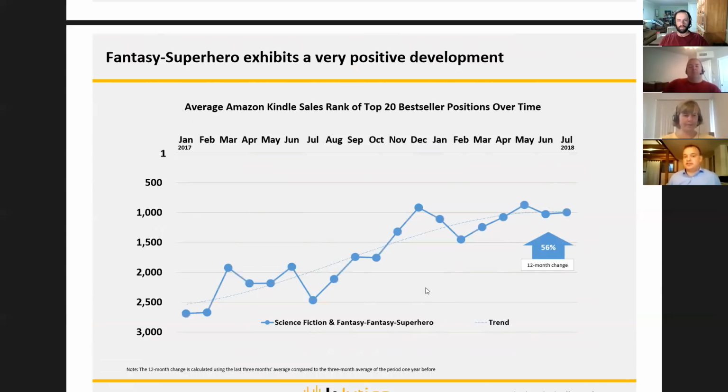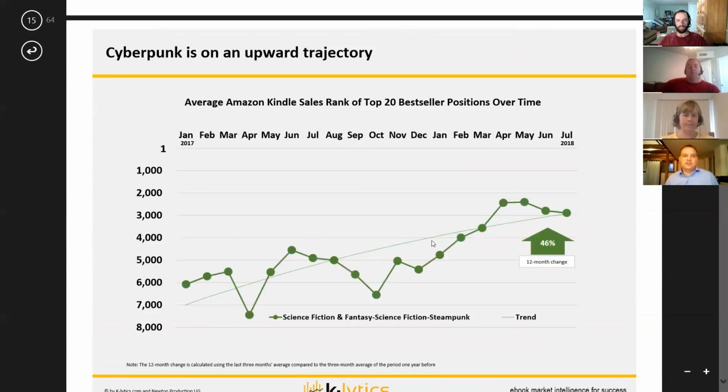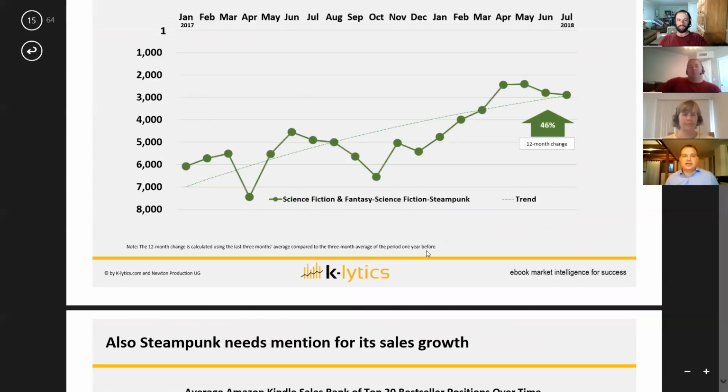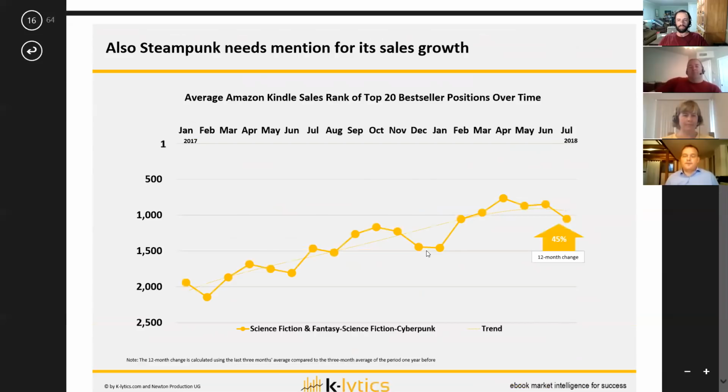This is the fantasy superhero bestseller list over the last 18 months, and you see how it's climbing and climbing. Also, this is where the rumor and hearsay in various Facebook forums, K-boards, or whatever, start dovetailing with the data. And the other ones, cyberpunk, the bestseller list has been trending upwards, and so has steampunk.